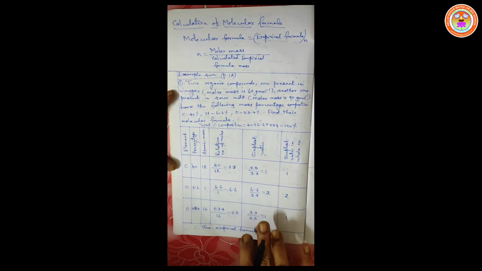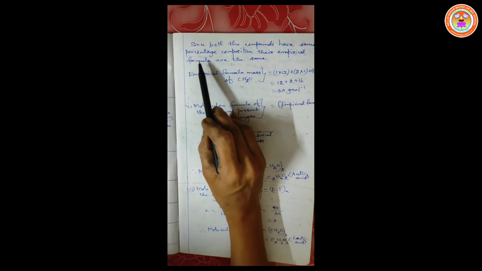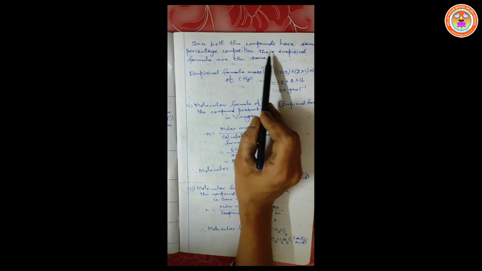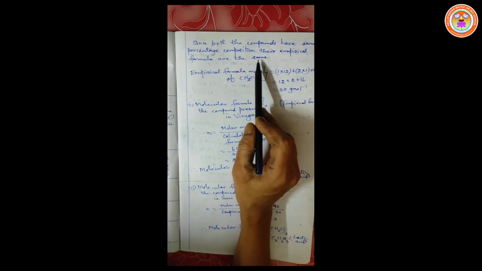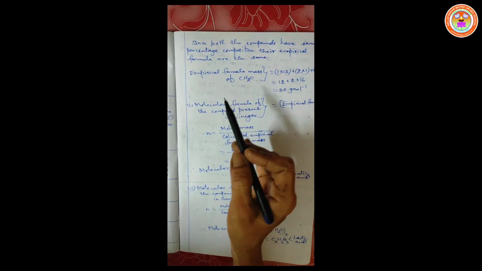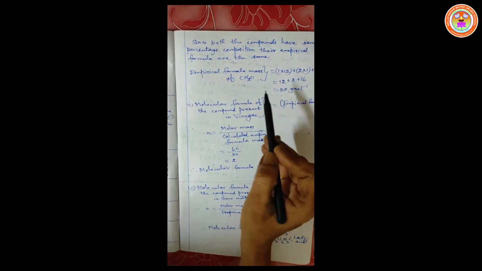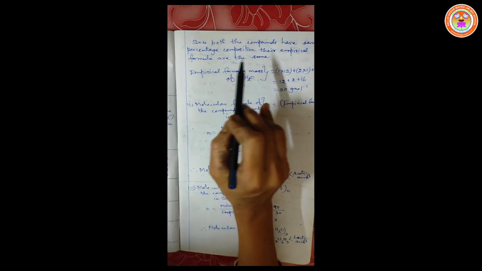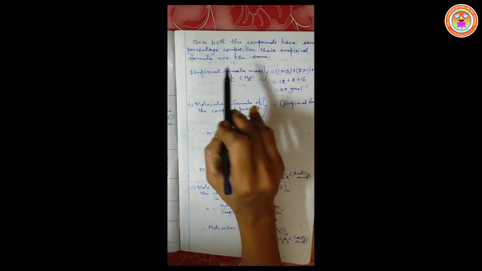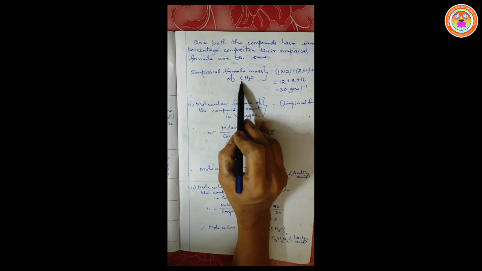Since both the compounds, one present in vinegar and another present in sour milk, have the same mass percentage composition, their empirical formula are the same. The empirical formula of the compound is CH2O.